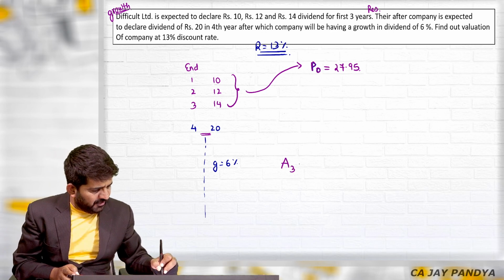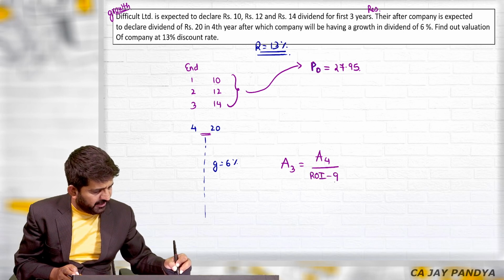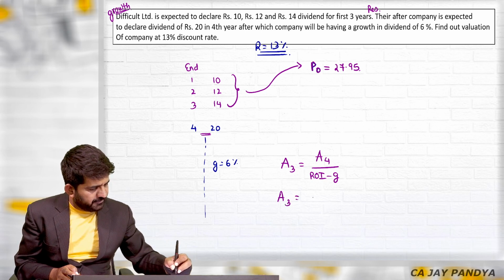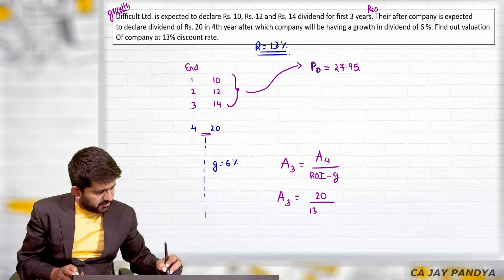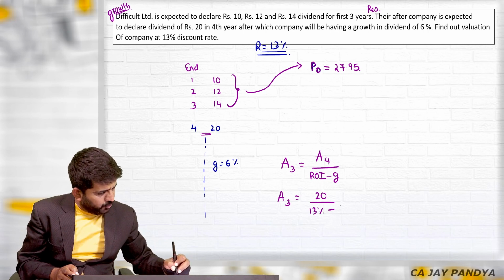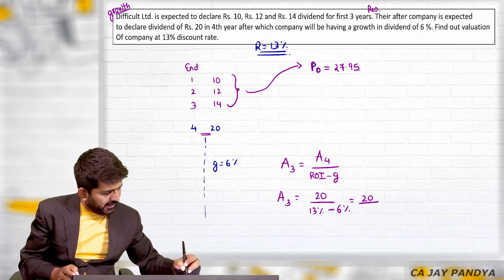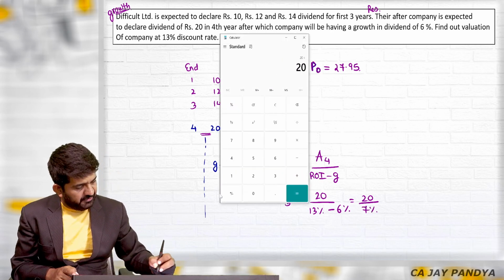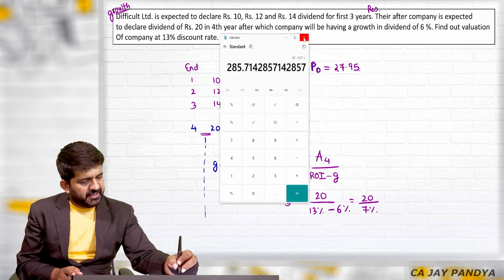So the amount after 3 years is nothing but the amount after the 4th year upon rate of interest minus G. So let us find out this amount after 3 years. The amount after the 4th year is 20, the rate of interest is 13% and the growth rate is 6%, which is 20 divided by 7%. Let me find out the answer. 20 divided by 7% is 285.7.